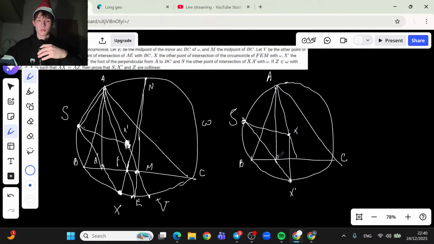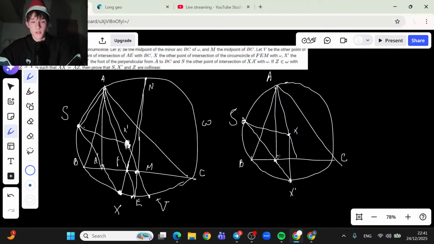Alright. We want to show that AS is the external bisector of X prime SX. That's the whole question. Now, we obviously want to focus and target point S because we understand what point X prime is.